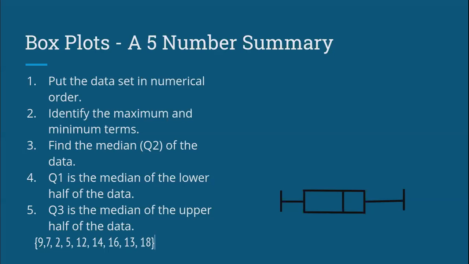So now, let's take a step back. When we just look at the structure of a box plot, it is divided into 4 parts. This is the first quarter. This is the end of quarter 1, quartile 1. This is the second quarter. The median is the end of it, or Q2.